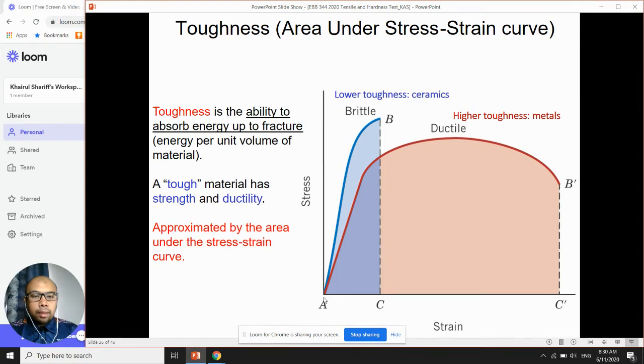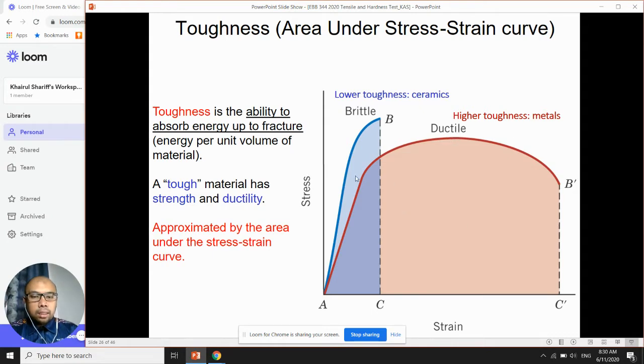Meanwhile, for material B slash, the sample elongates in the elastic region, then converts into the plastic region, reaches the maximum UTS, and then starts to fail.